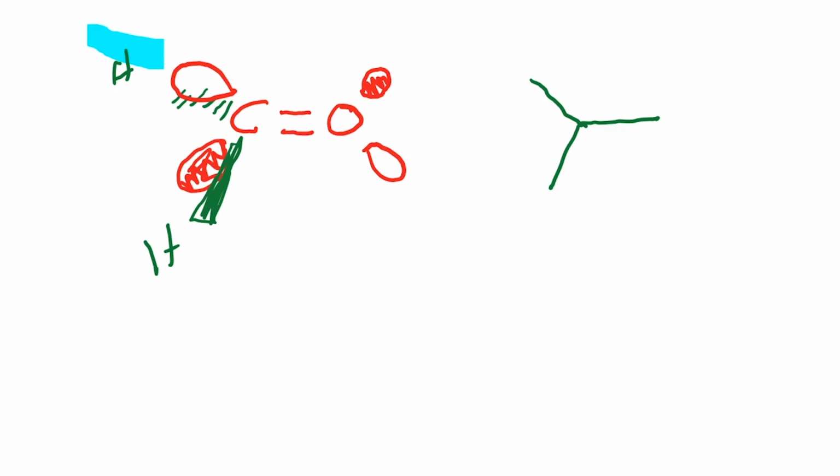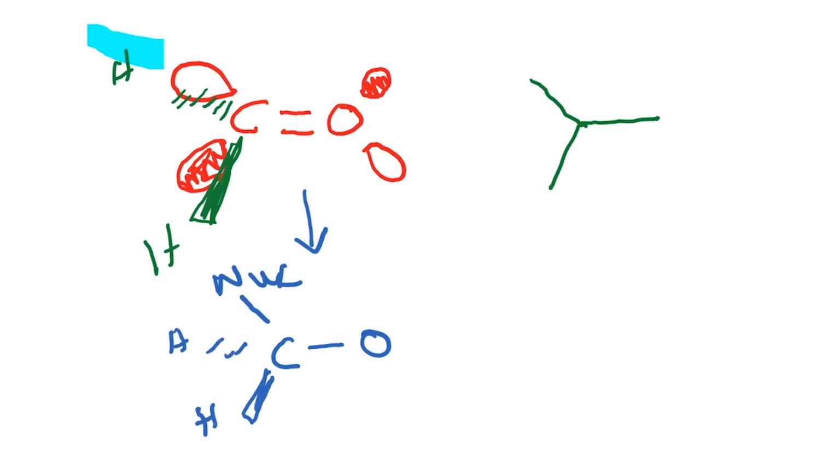pi star orbital, and this results in the breaking of the carbon oxygen pi bond, and you end up with a new bond between the carbon and the nucleophile. This is how we would understand the nucleophilic addition reaction towards a carbonyl compound.